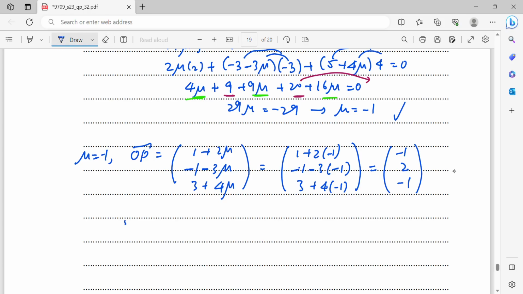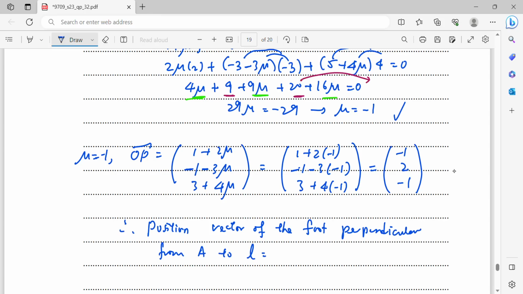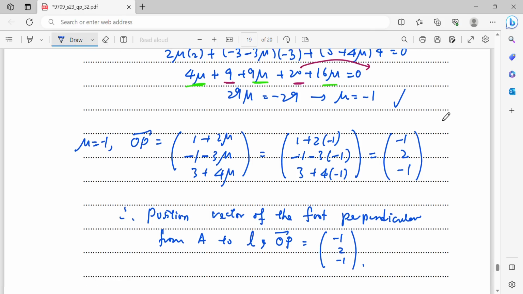Okay, so the position vector of the foot of perpendicular from A to L, which is OP, equals to negative 1, 2, and negative 1. Okay, so with this, I have completed this part.